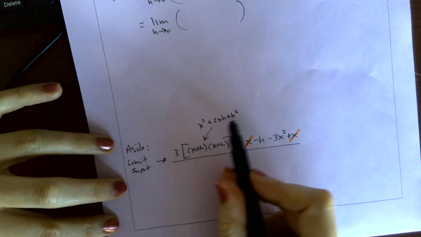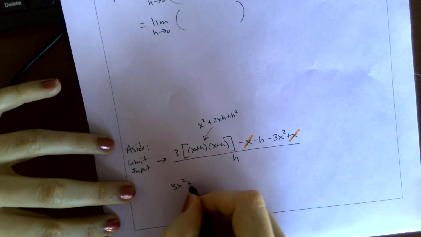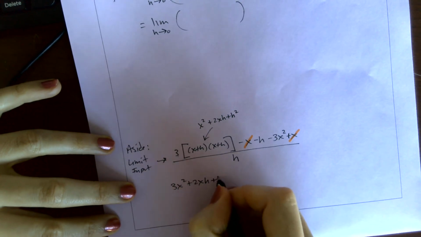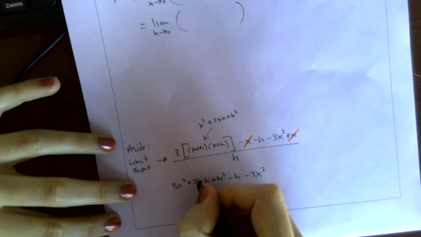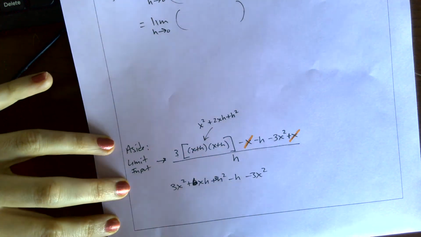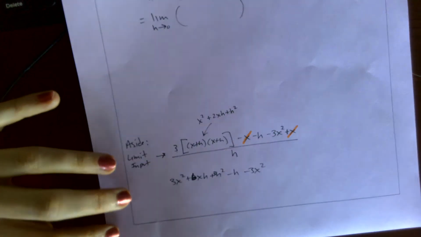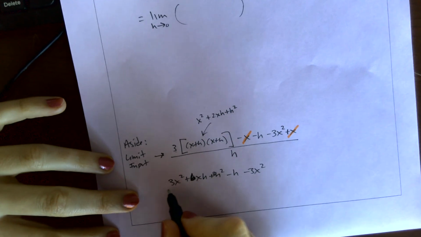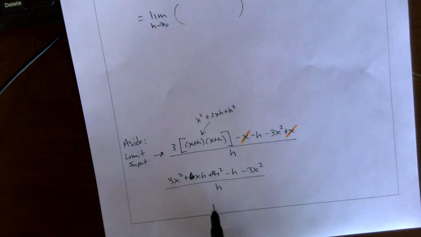So 3x squared plus 6xh plus 3h squared minus h minus 3x squared. Nope, that's a 6. Oh my gosh, I'm going crazy. And that's a 3 because I'm distributing the 3, all over h.